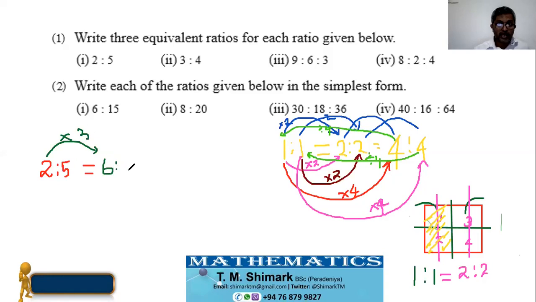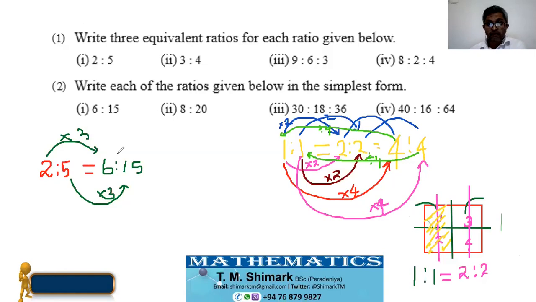You cannot multiply only the first one. You have to multiply the other one also with the same number, right? That means 3 into 5 is 15. So 6 is to 15 will be an equivalent ratio for 2 is to 5.